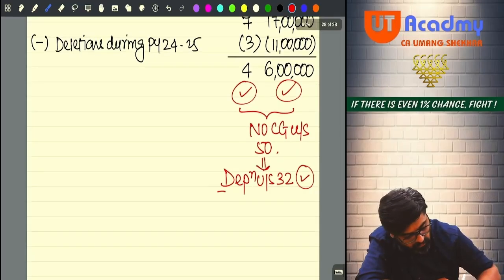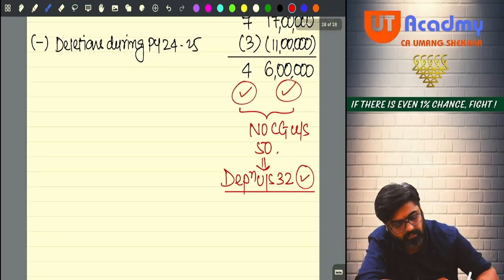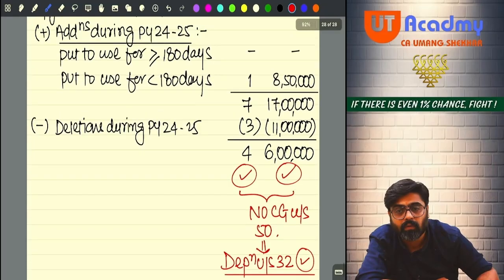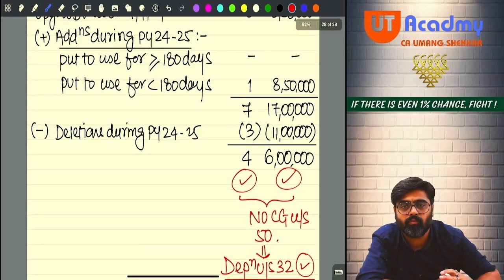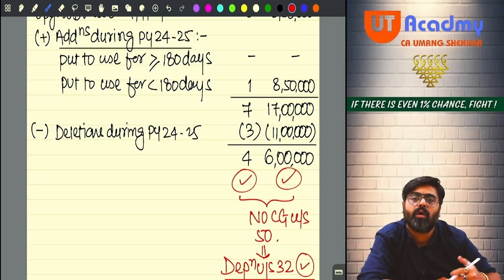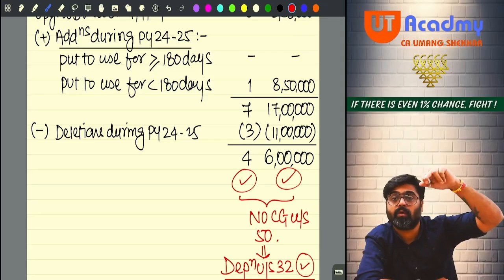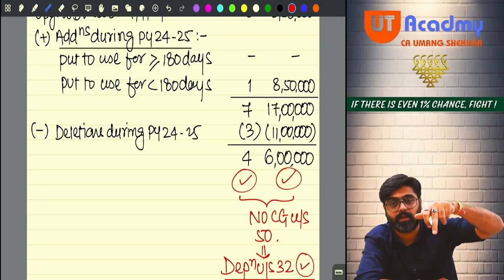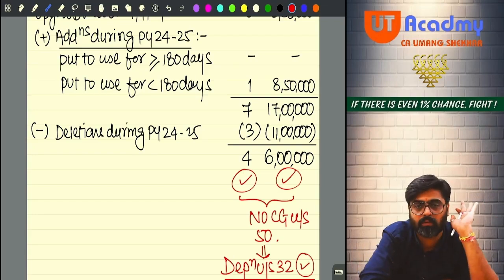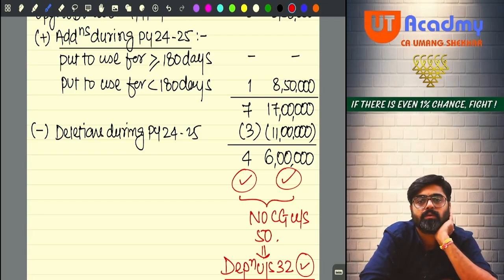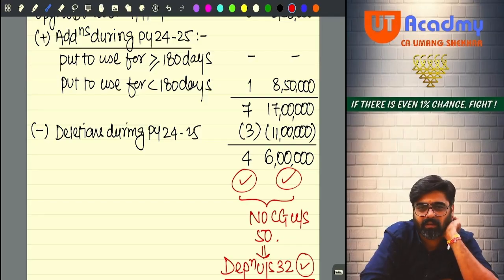Now how will you calculate this depreciation? Out of 6, on some value half rate, on balance value full rate, and additional also on the actual cost of new plant and machinery, at the rate of 20% and all.